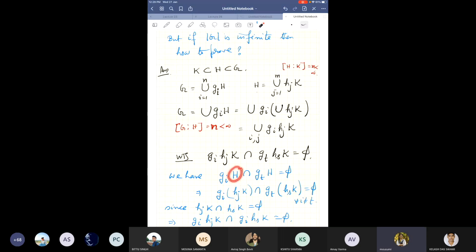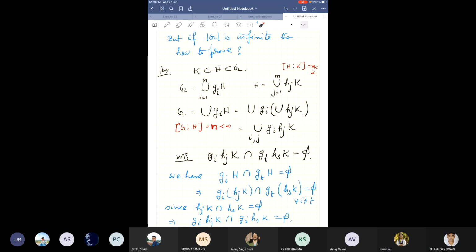This H is covered by this type of sets. So I have just picked up any one of them, so that will be even smaller than this one, no? So if this intersection is empty, then definitely this intersection will be empty. Is it okay?